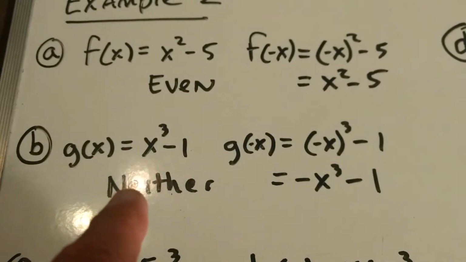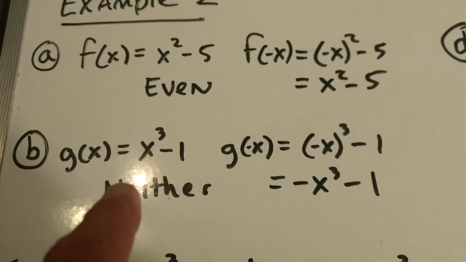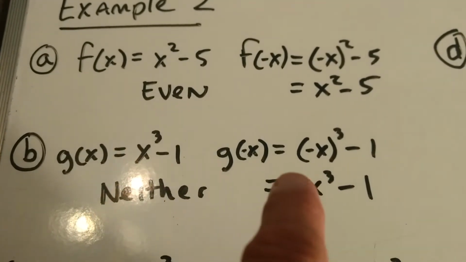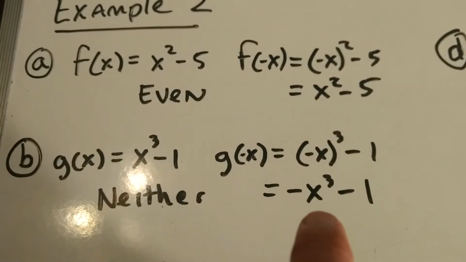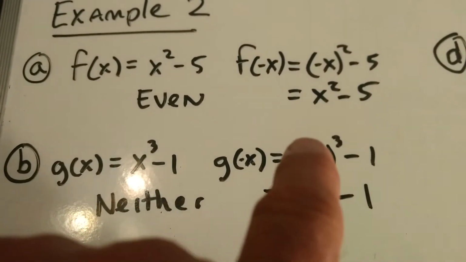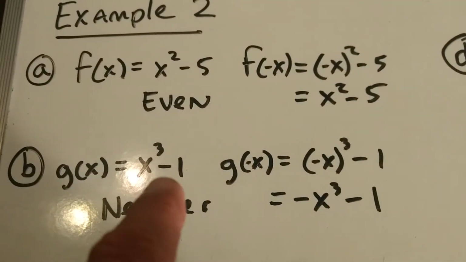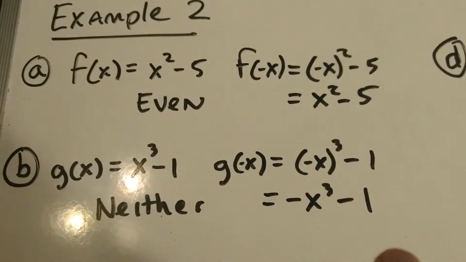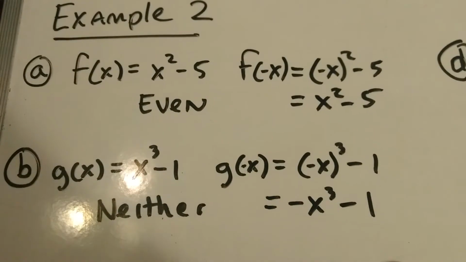When we come to letter B, I have x cubed minus 1. When I put a negative x in there, the x cubed becomes a negative x cubed. However, the 1 still stays a minus. See how the first term changed sign, the last term did not. They both either have to change or not change.